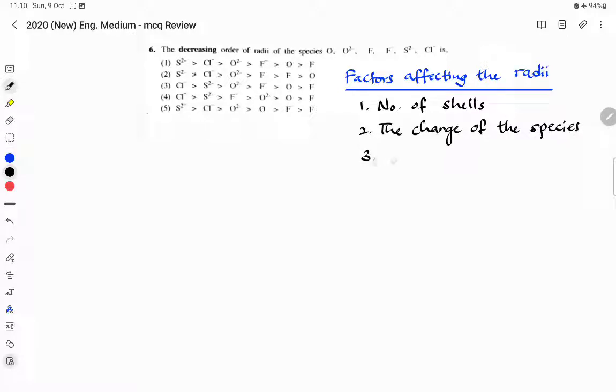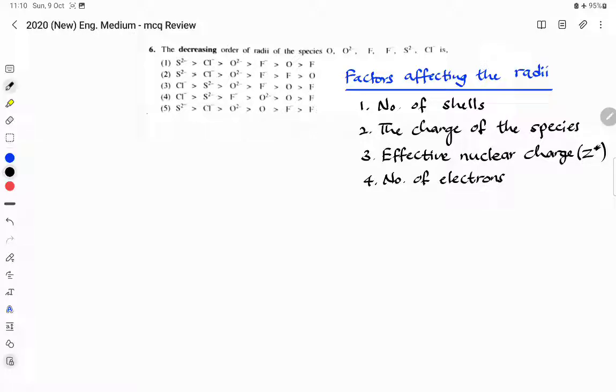Third one, effective nuclear charge, Z star. Fourth one, number of electrons. Right. Now let's compare this number of shells.